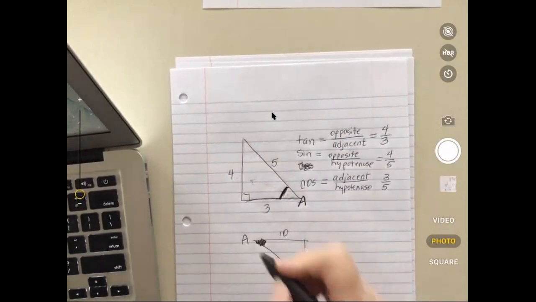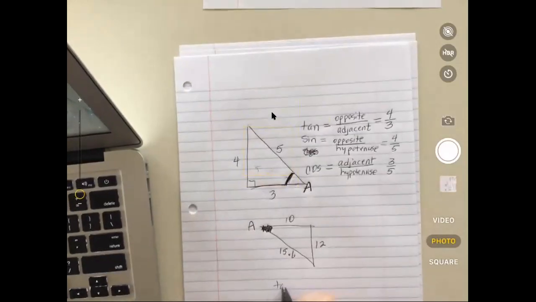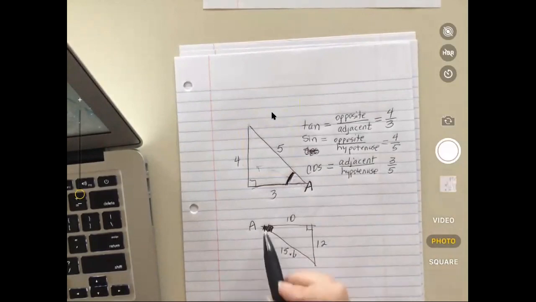So if I'm looking at angle A and I want to know what the tangent of angle A is, tangent is opposite over hypotenuse, or excuse me, adjacent. Opposite is 12, adjacent is 10, so the tangent is 12 over 10.